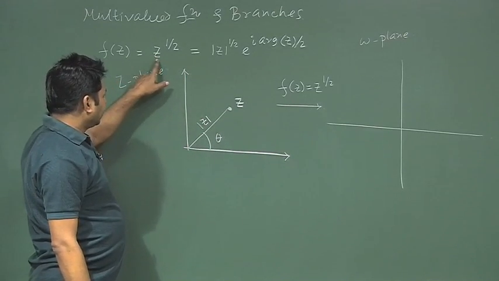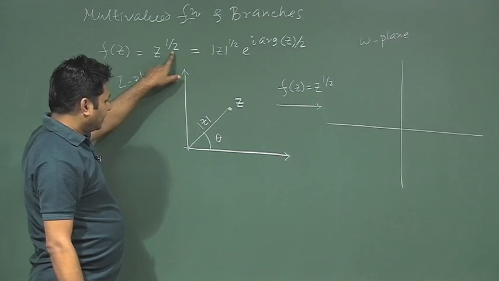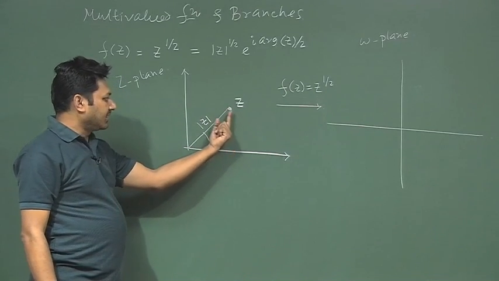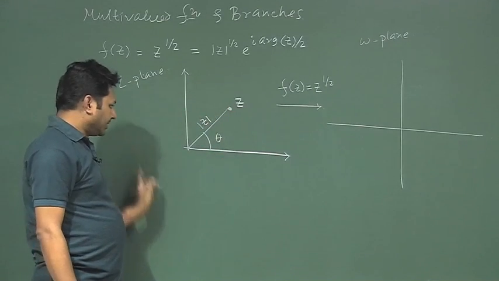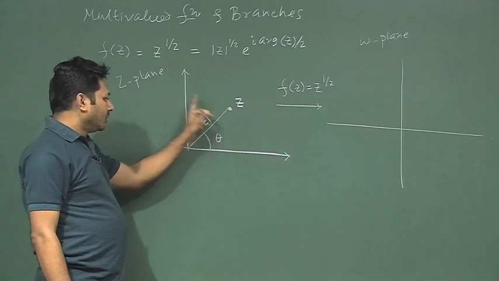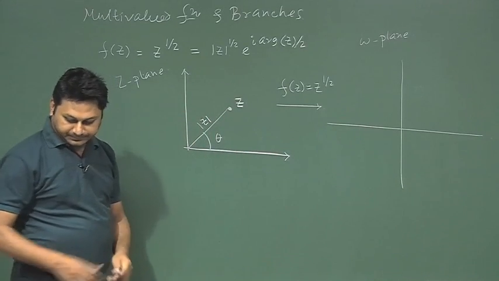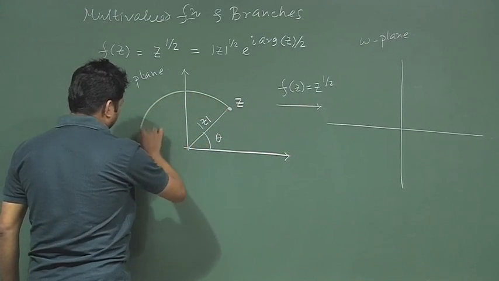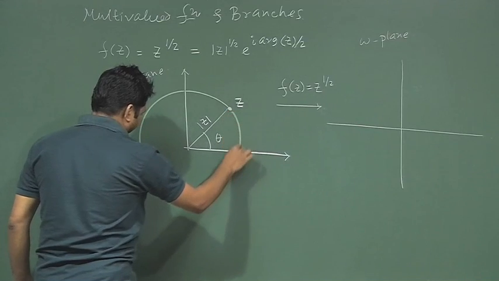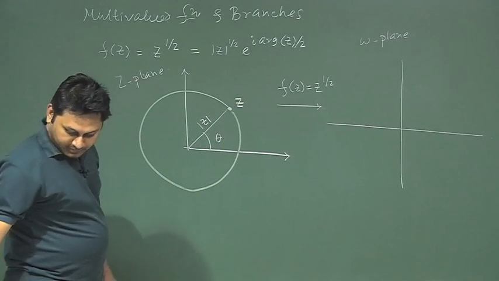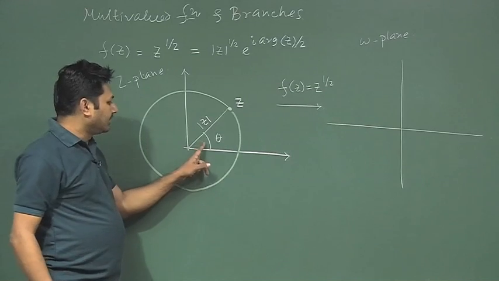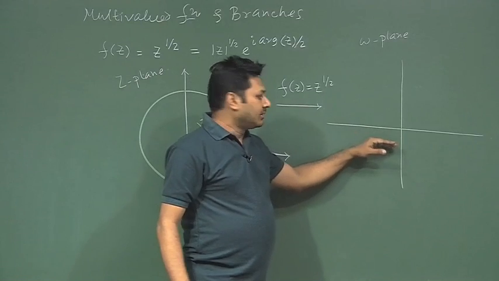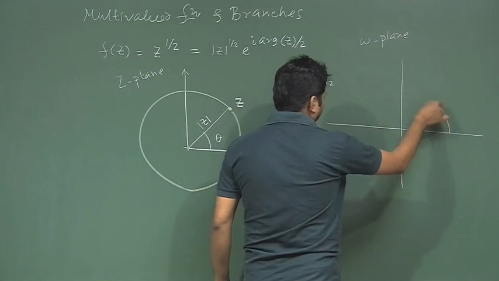But since it is z to the power half, if I rotate the point through one full circle, say z is a point which I am rotating along this path, essentially I am changing the value of theta. In the w plane I can only cover up to this.